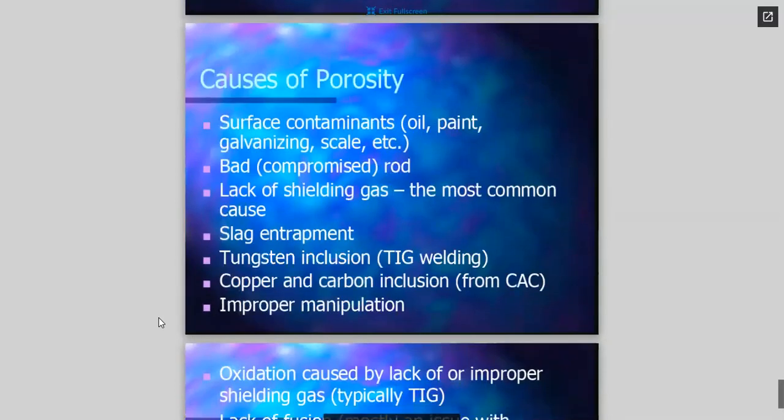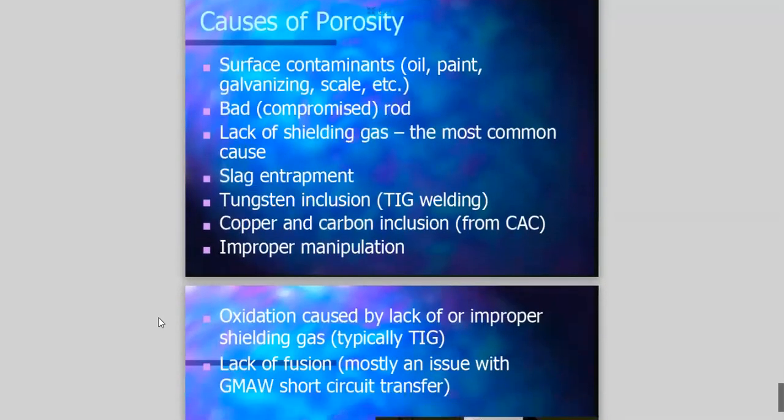On a happier note, causes of porosity, like I said: surface contaminants, oil, paint, galvanizing scale, bad rod, lack of shielding gas, slag entrapment, tungsten inclusions, which I do all the time when I TIG weld, copper carbon inclusions from carbon arc cutting, and improper manipulation of the rod.